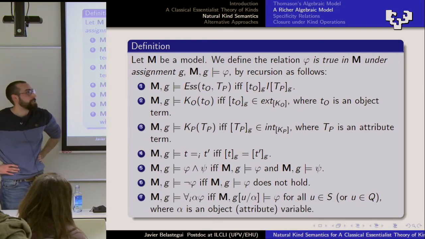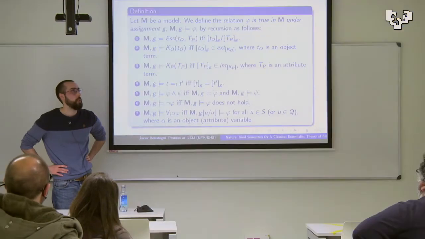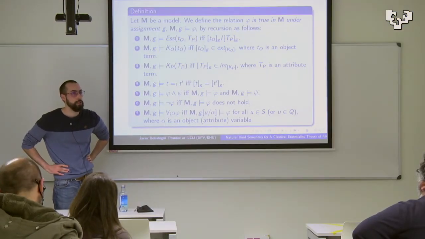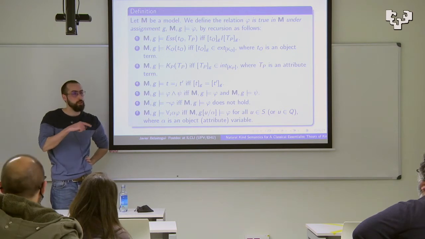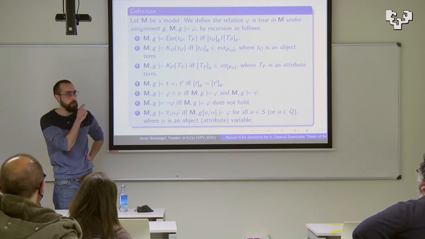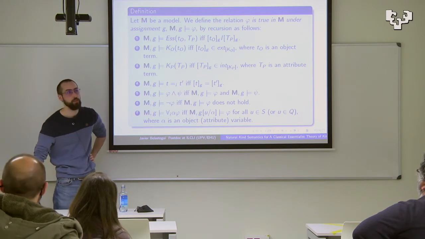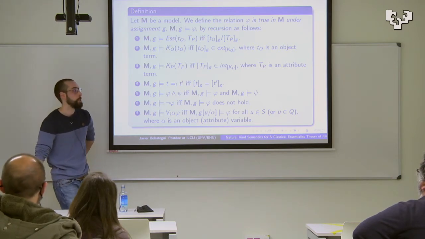Then there may be some theories of kinds that do not have such strong commitments as essentialism, but that would agree with this new interpretation and could agree with the two axioms I gave you.